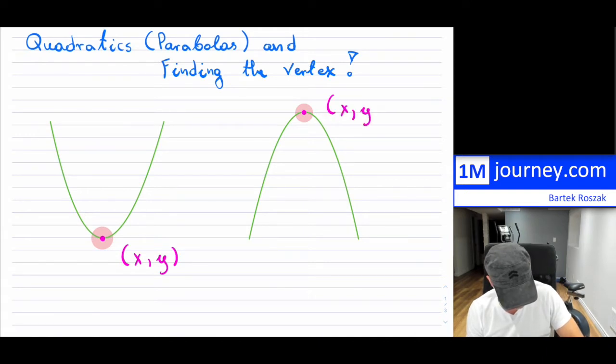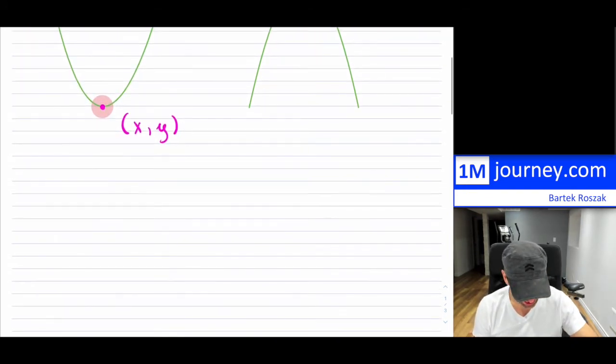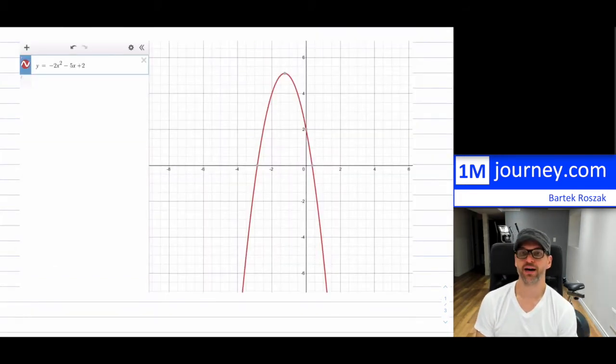Now, of course, they're going to be some numbers that we have if we have a specific quadratic. And for your line of symmetry, let's bring that back a little bit. Here is the image of one particular example. Now, this image I took from graphing it on Desmos, which we're going to be using in this video.